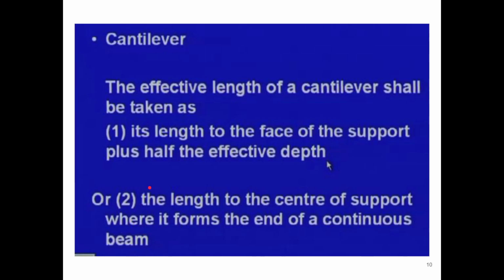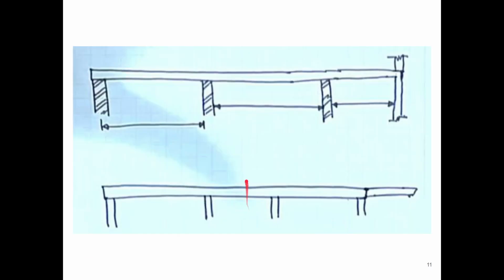This case can also be applied, basically for the last portion, the exterior span, as it forms the end of a continuous beam. So these are some of the definitions of clear and effective span for various cases.